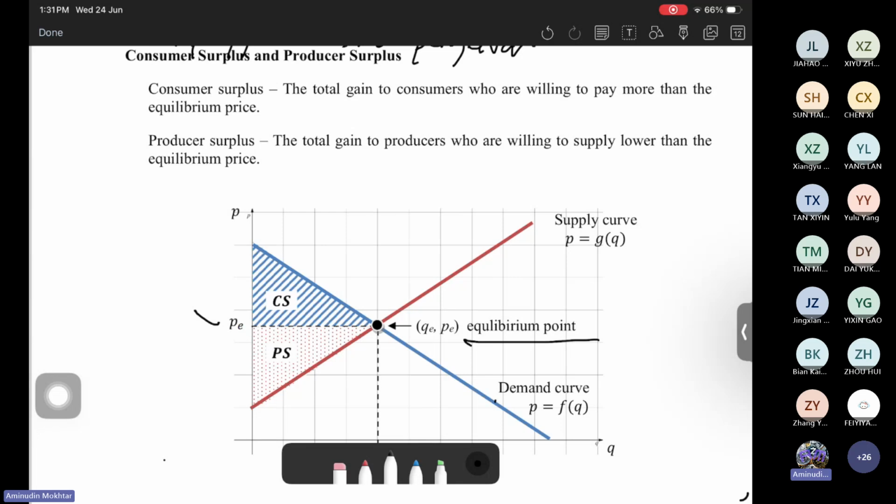In terms of graph, this consumer surplus or CS is the difference between the willingness to pay for a good and the price consumers actually pay.